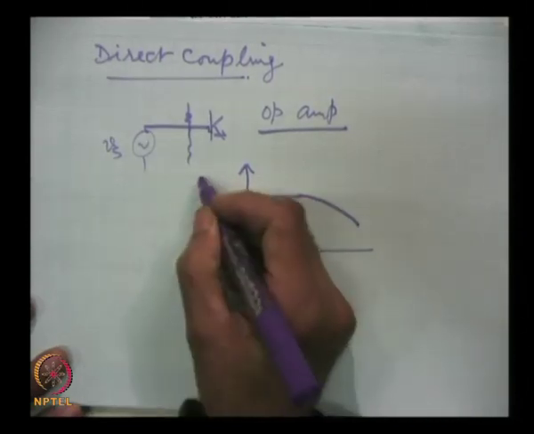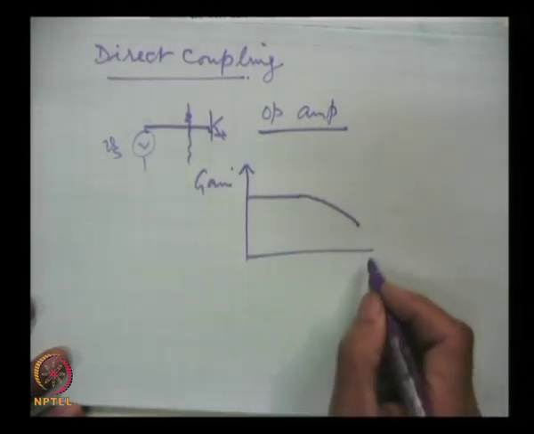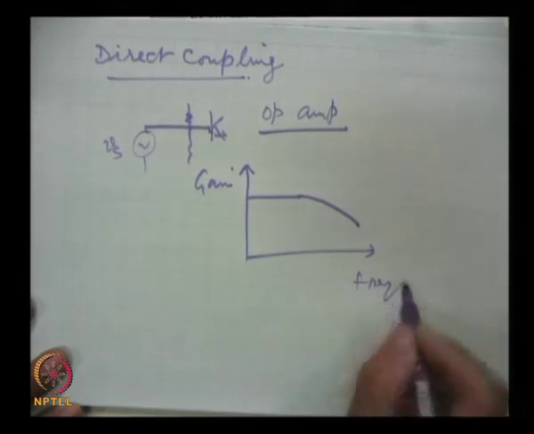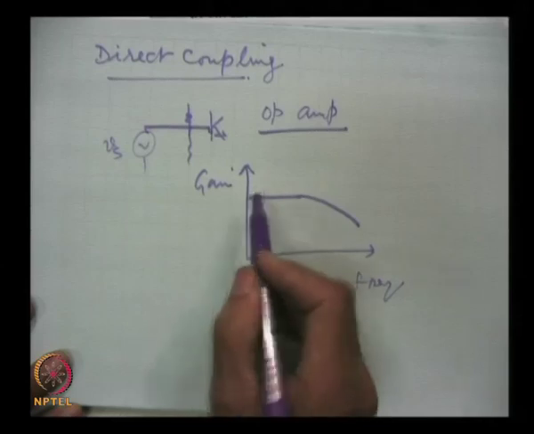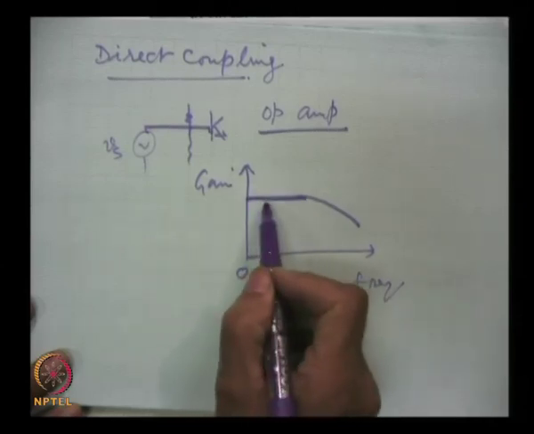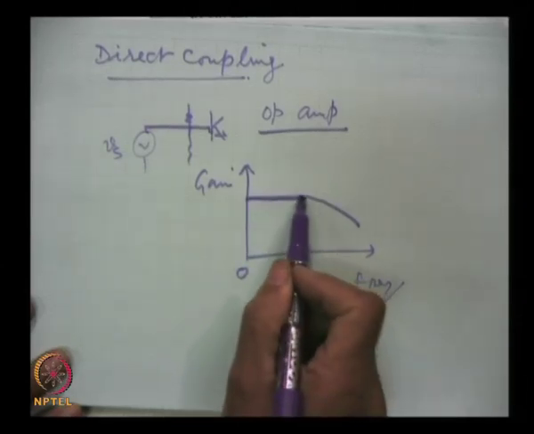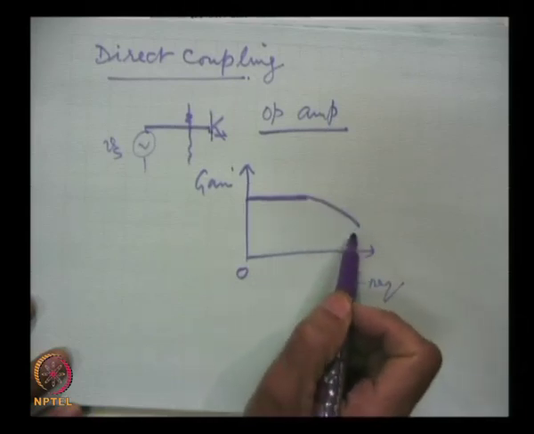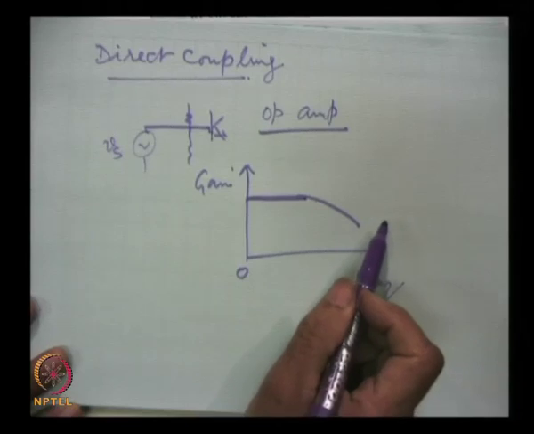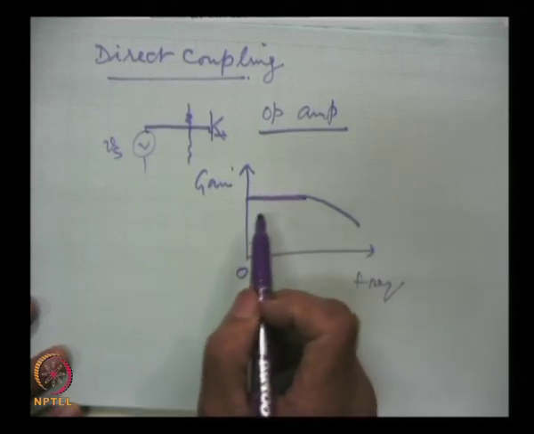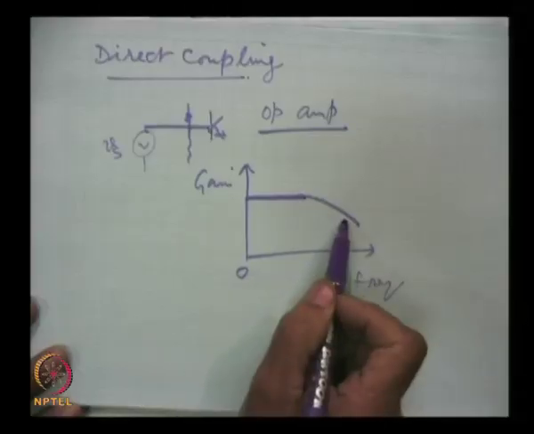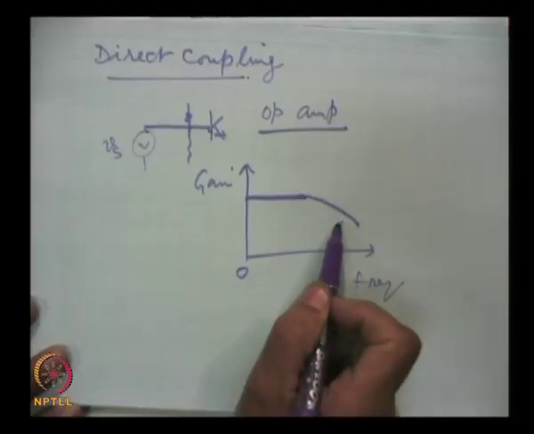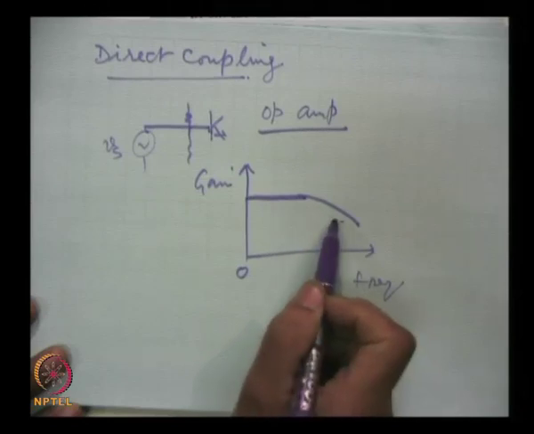Here this is gain, this is frequency; we start from zero frequency and still the gain will be there. The upper cutoff arises, if you remember, because of the junction capacitances, and whether we use a bipolar transistor or a FET, this is always there.